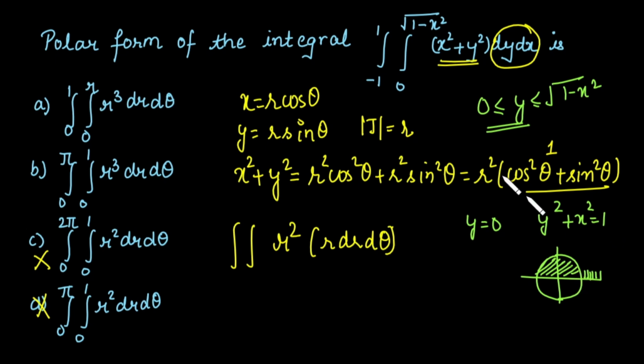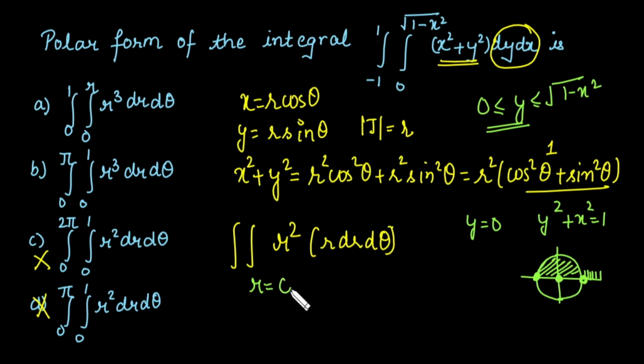Now what about x? Where does x go from and to? -1 to 1. So -1 here and 1 is over here. It means we need to take the upper semicircle rather than the entire circle due to this condition. Now we need to decide the limit for r. What is the minimum value of r? r is the distance from the origin.